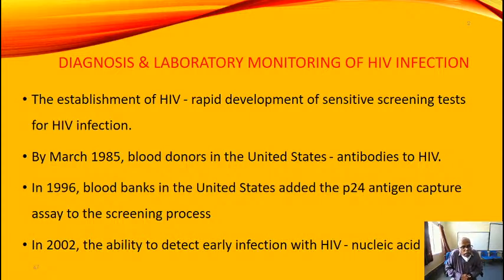Now the window period has come down to 3 weeks to 6 weeks. So most of our patients come under the positive bracket of this infection after doing the 4th generation test. So we have got 4 generations of tests. I will tell in the subsequent slides.